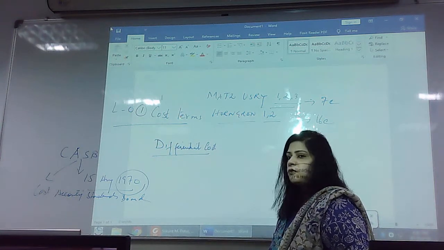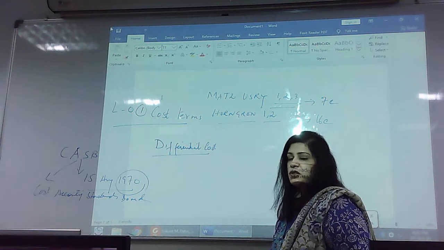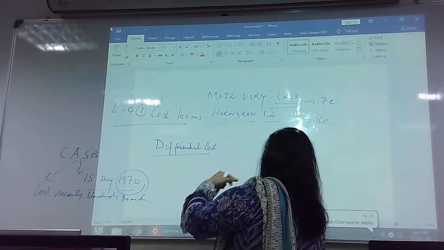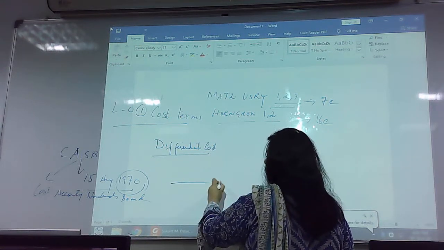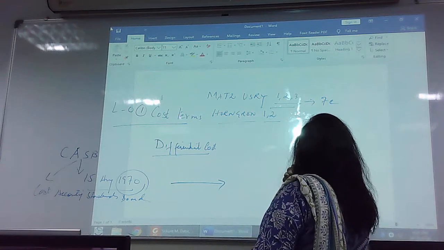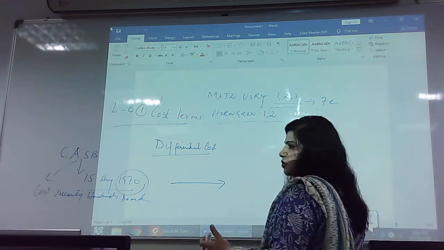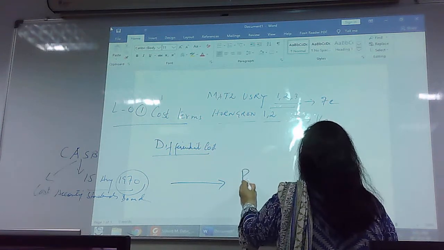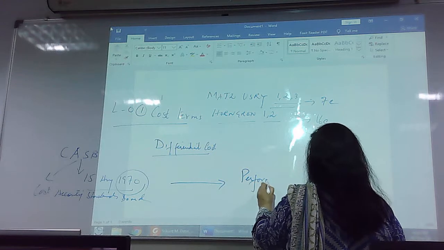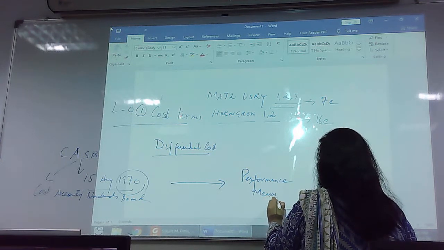Then there are some performance measuring features, I would say. Before we do the differential cost, just to make you understand why we require these principles or standards, like we do in financial accounting, we want to find out the performance indicators, the performance measures or measurements.